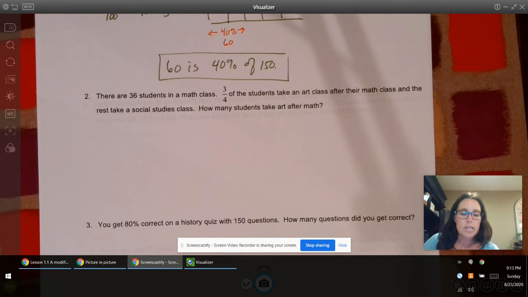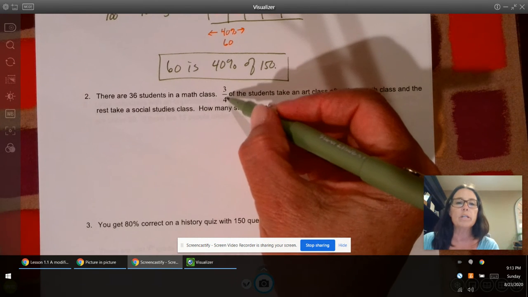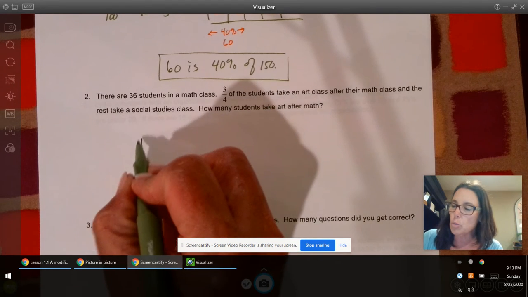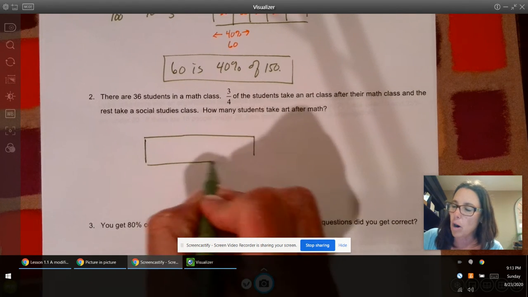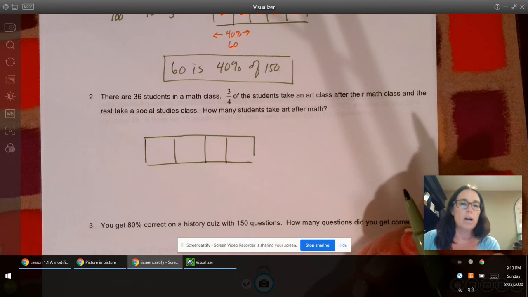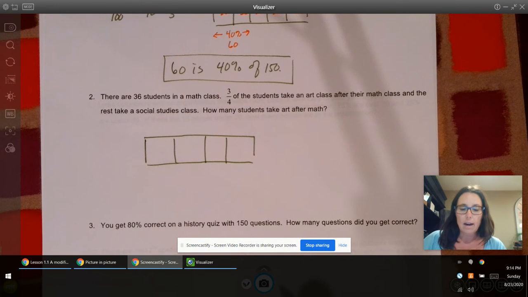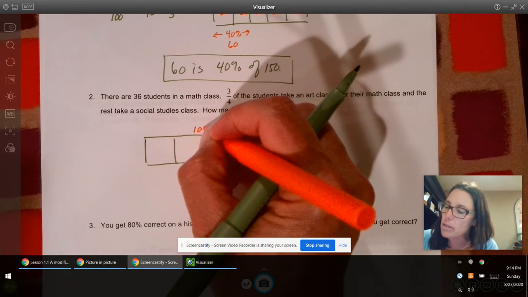It says 36 students, 3/4 of them. Well, this 3/4 is already our reduced fraction. So we're looking at a bar with 4 boxes. Those don't look super evenly spaced out, but you get the idea. So 36 students in the whole class.